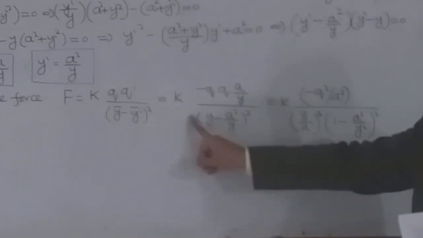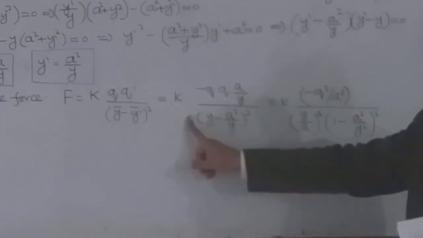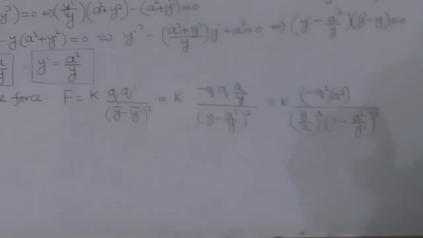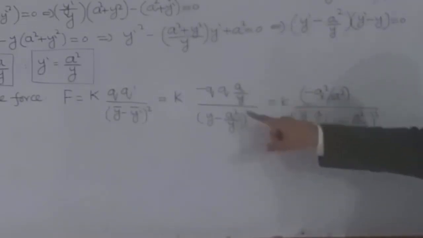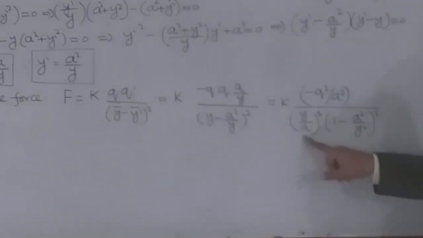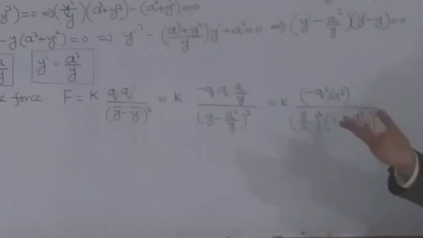You are having y cube here, a over y cube. And we are having a square here. This was only a. Okay, right. Only a was there. So now if I write this one is y over a cube, so one square I did extra.